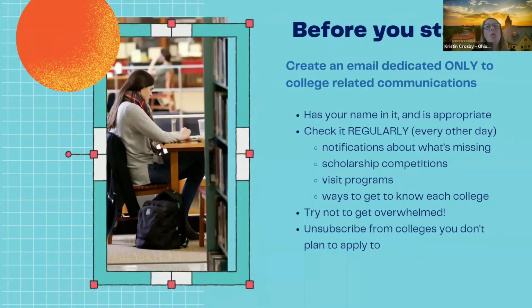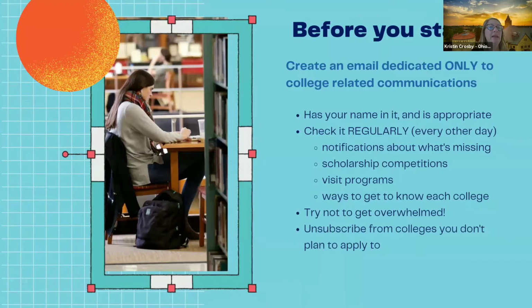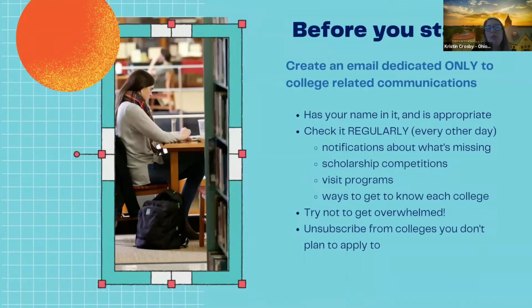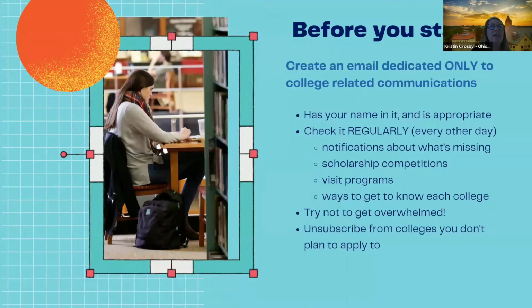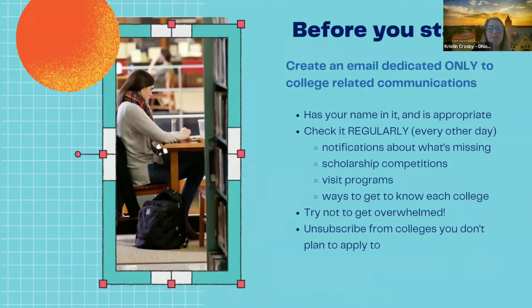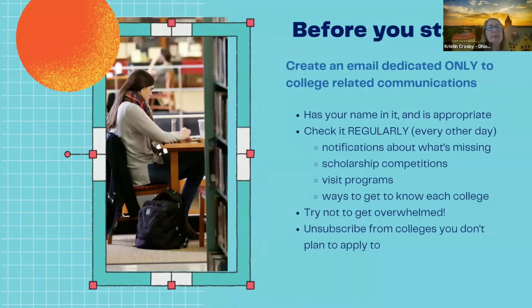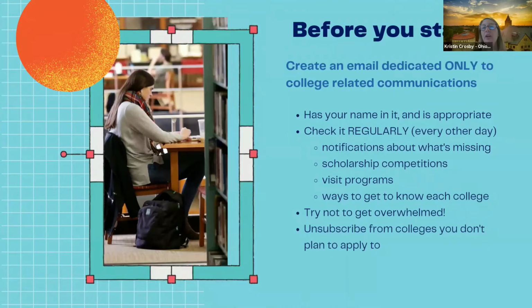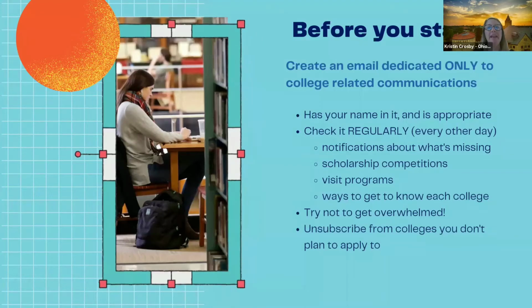It's also a way to help you from getting overwhelmed. If you just use your personal email address, you'll find that your college notifications are mixed in with messages from friends and school, and it can be very overwhelming every time you open that email account.